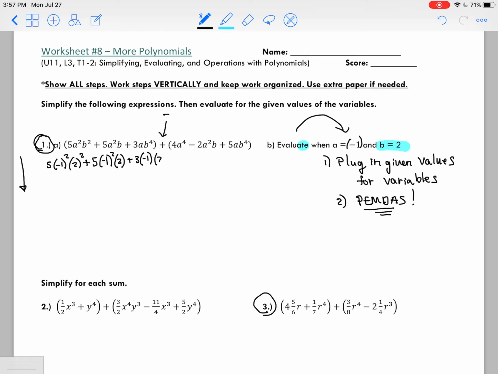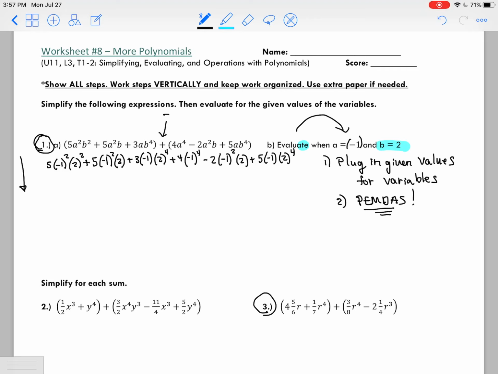A is negative 1, b is 2. We're going to put that to the 4th power, plus 4 times a negative 1 to the 4th, minus 2 times negative 1 squared times b, which is 2. And lastly, plus 5 times a, which is negative 1, b, which is 2, and to the 4th power.